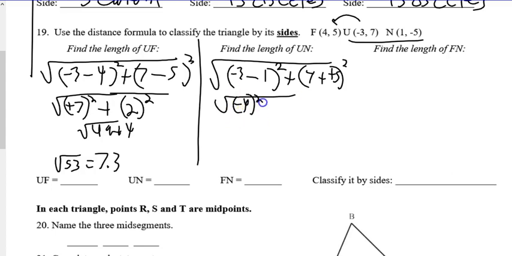That's the same as 4 squared. Plus 4 plus 5. No, sorry, my bad. That's a 7. I just double checked my writing. We're doing UN. So 7 plus 5 is 12 squared. So that's going to be 16 plus 144. So that is the square root of 160. That's over here.